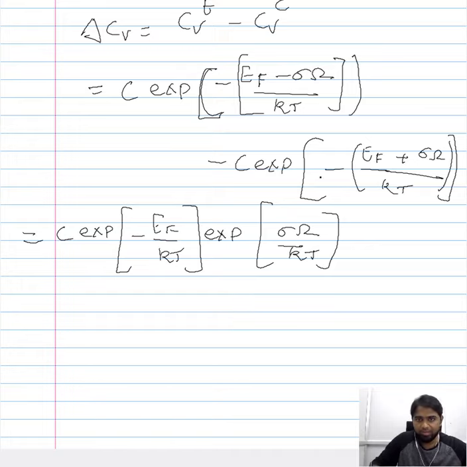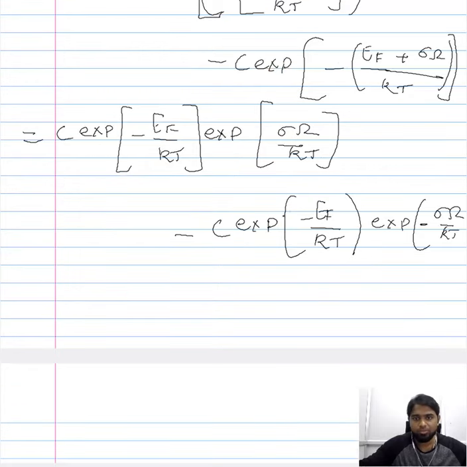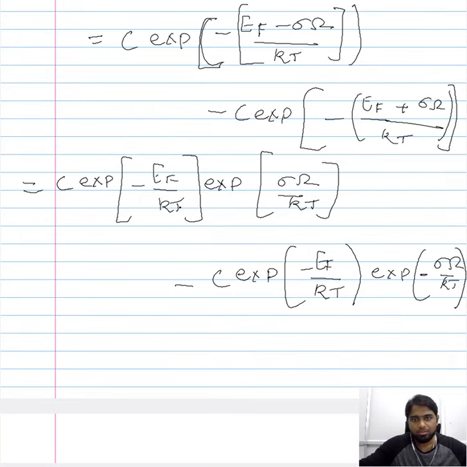Similarly you can write this term as minus C exp of minus EF, that is the energy required for the formation of vacancies, and exp. You bring this minus here, that would mean by kappa T. So you have extended this and you now have an expression for this.